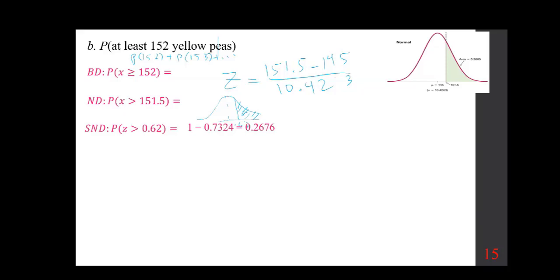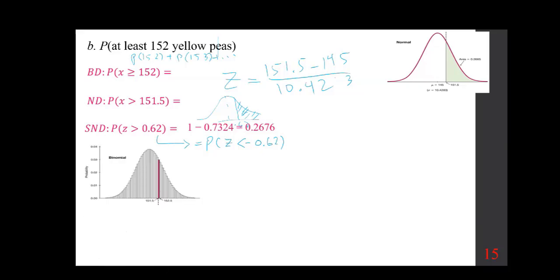Or you can look up by symmetry the probability of z less than negative 0.62. So if I'm reading from the table, I take the easy way out. Instead of having to subtract the number from 1, I'm going to read the negative z-score of 0.62, okay? Negative 0.62, that gives me the answer.